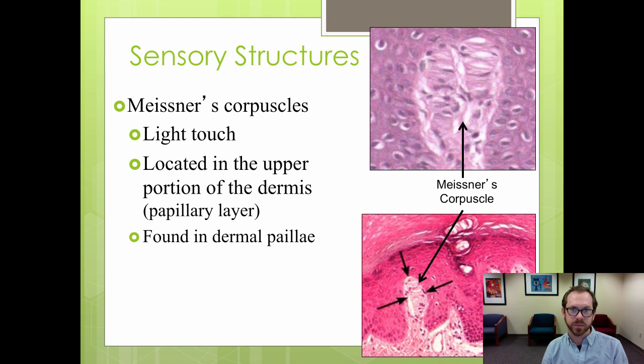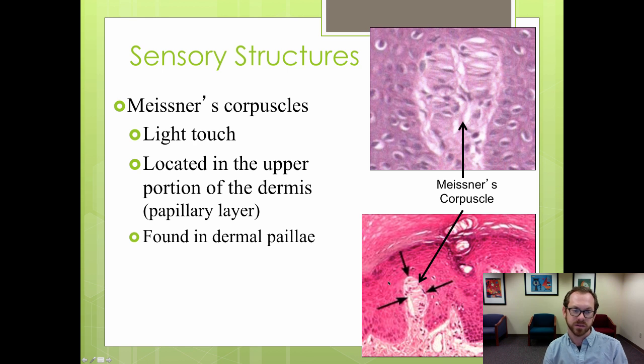Now we have some sensory structures that are found in the dermis again. In the superficial layers found in the dermal papillae, we have structures called the Meissner's corpuscle. And the Meissner's corpuscle is responsible for light touch.